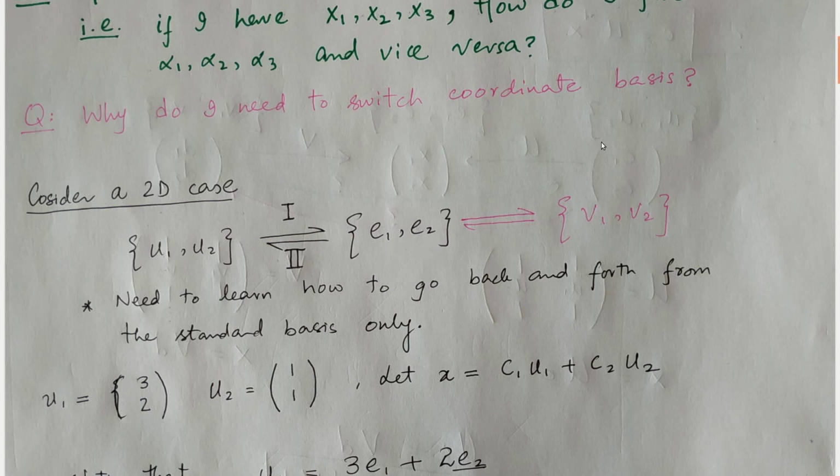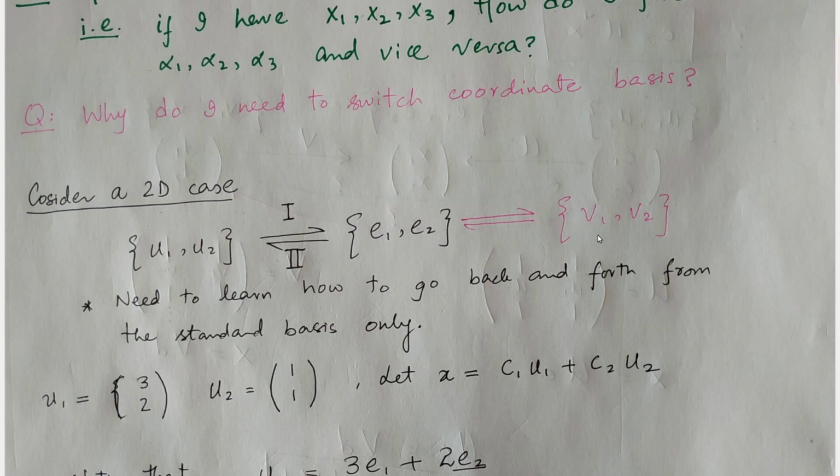So if we can figure out how to go from a standard basis to a non-standard basis, then I can go from one non-standard basis to another non-standard basis. So I repeat, if you want to go from one non-standard basis to another, all you need to figure out is how to go from a non-standard basis to the standard basis, and from the standard basis back to a non-standard basis. If we can figure out these 2 components, then this entire problem is easy to solve.